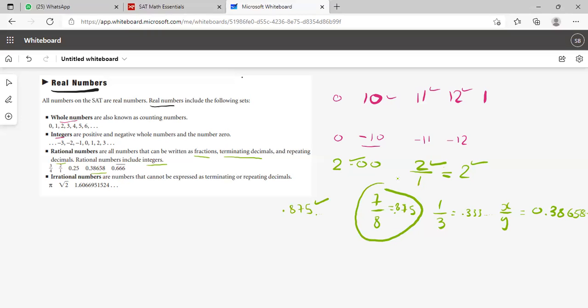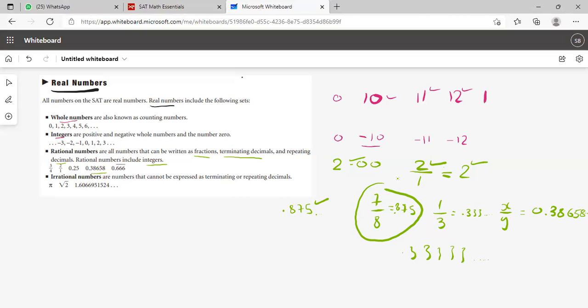If I talk about this 1/3, it's not stopping. When we solve it using a calculator, it looks like it stops after 10 to 12 decimal places, but it's not the case. It's just because the calculator has a limit of showing certain digits. That is why it stops. In case of 1/3, we would have 0.33333, and this would go on continuously.